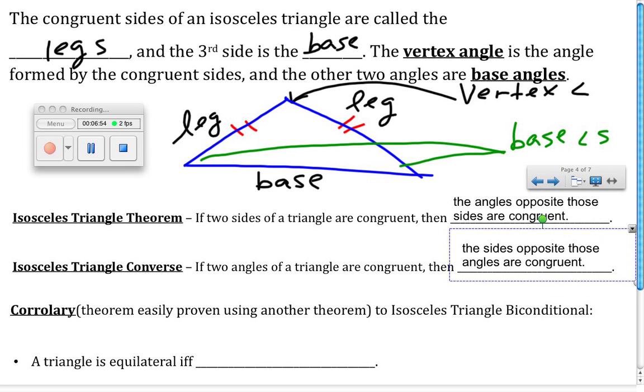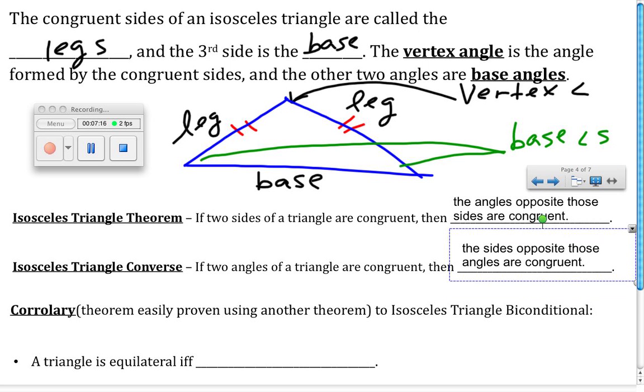We've used various different names for properties in this class. We've used the word properties. We've used the word postulate. Remember, those are properties that cannot be proven. They are so elemental to creating our special kind of geometry that we cannot prove them.